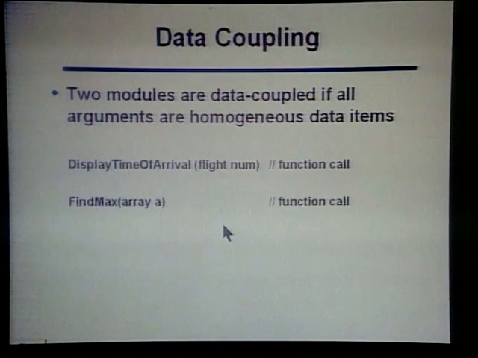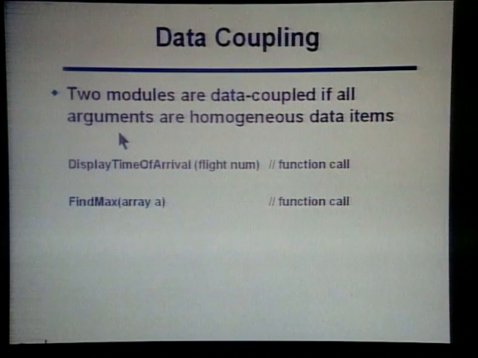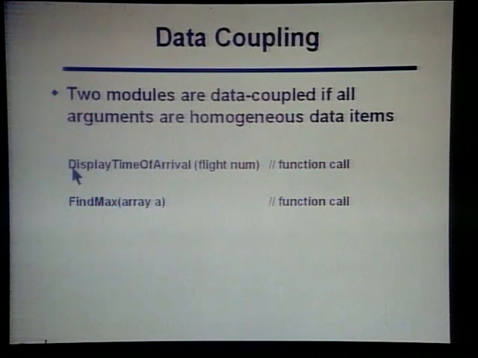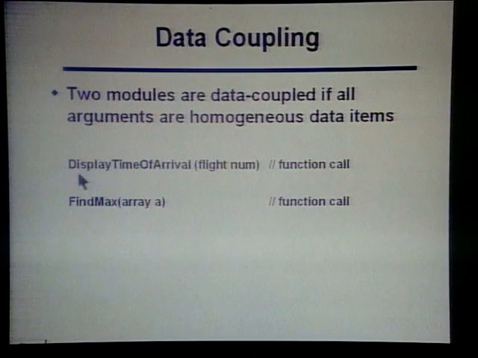Nothing else is used in this module. The next level of coupling is called data coupling. We say two modules are data coupled if all arguments are homogeneous data items. There are two examples here. We have just shown the calls which are made to the second module. Here is a call made by, let's say, module A to the second module, display time of arrival.